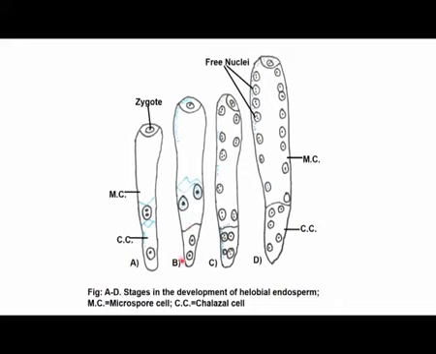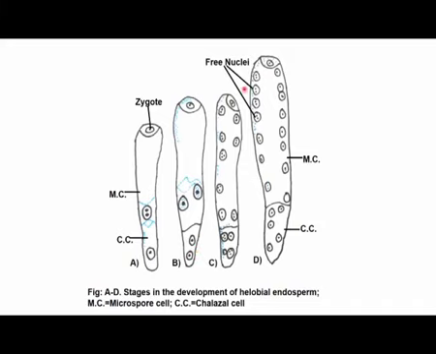At this stage it follows the developmental stages of the cellular mode, forming 2 cells or 3 cells or whatever, and after that it follows the nuclear mode of endosperm development, where it does multiple divisions without forming a cell wall. That is what you see here.